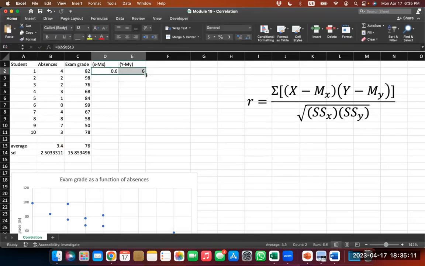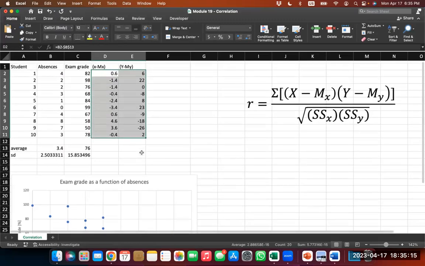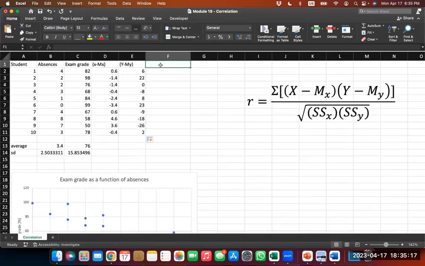Now we just need to go all the way down with this formula. So now we need the product. That's x minus mx multiplied by y minus my, equals this multiplied by this.